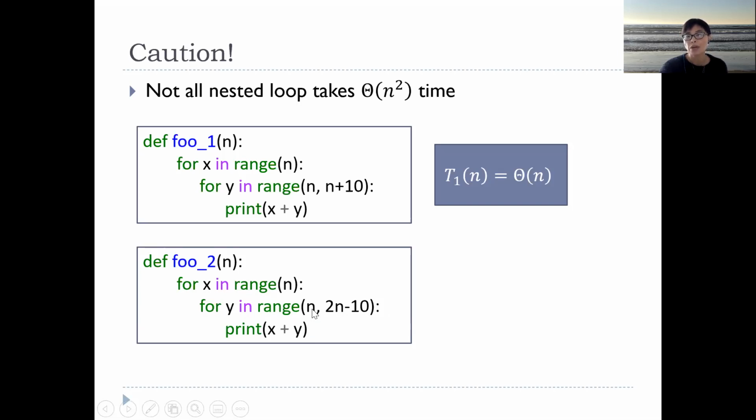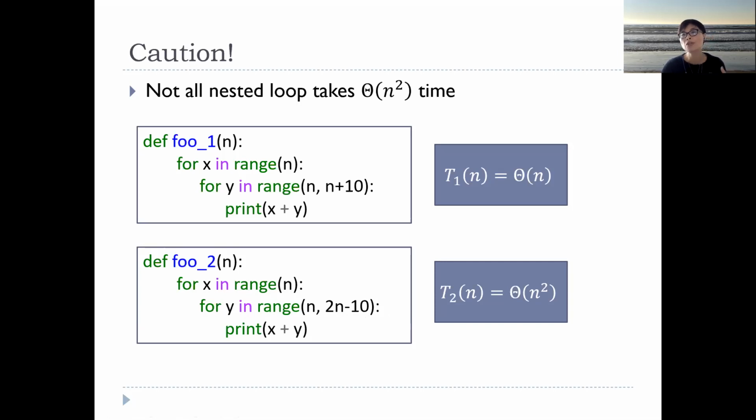So the total time complexity becomes on the order of n times n minus 10, which is of quadratic complexity. In general, you have to look into the loops and figure out how many iterations each runs. This becomes even more important when you have a loop which is not a for loop but a while loop, and we're going to see more examples at the end of today's class.